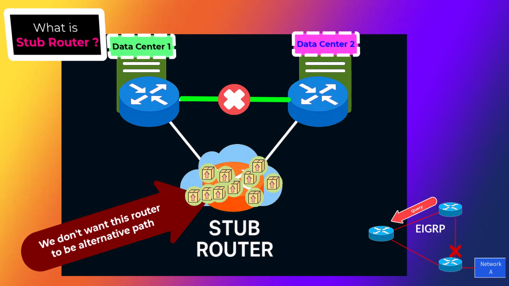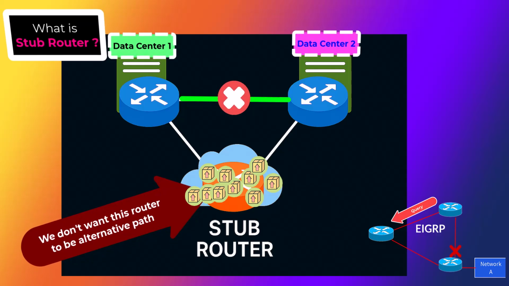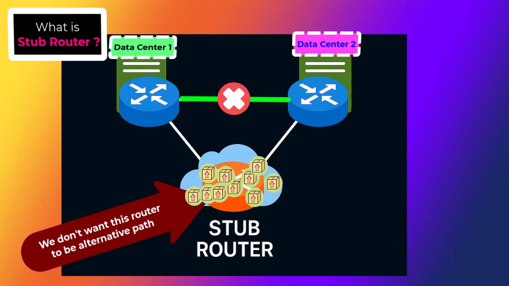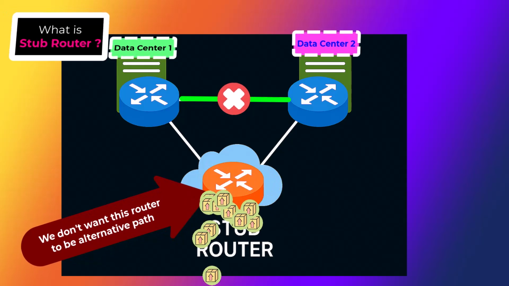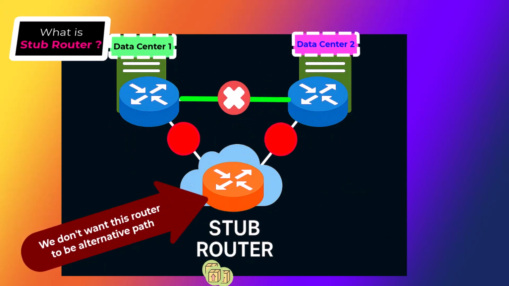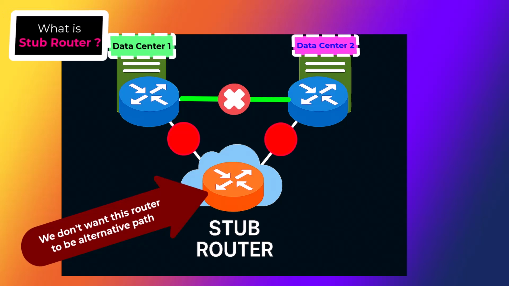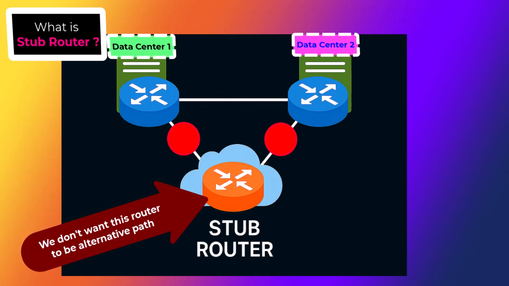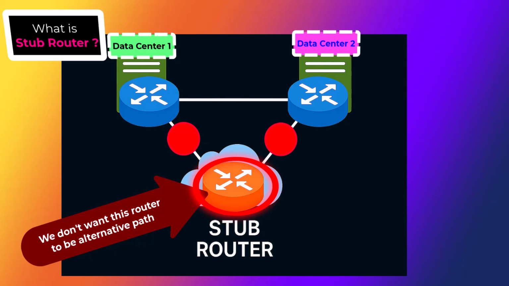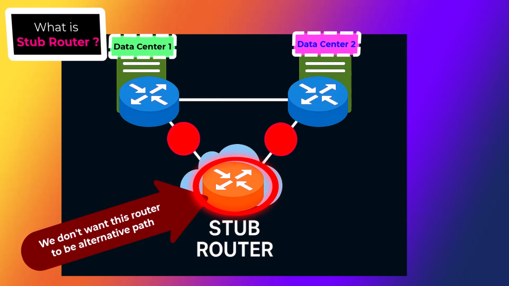When a stub router in the internet becomes a transit router, the huge data will overflow and data congestion happens. So we don't want this router to play the transit router role.